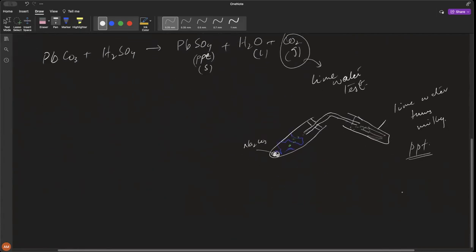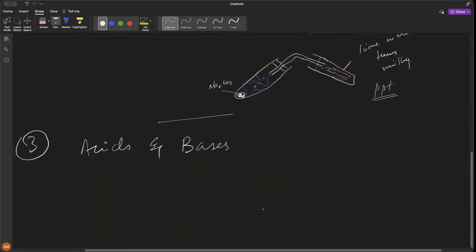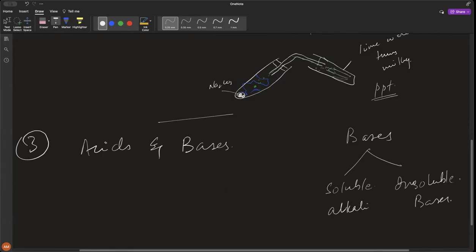Yes. The third one is acids and bases. Even though this is a discussion that should be done later, I'll still discuss a little bit of it here. Bases can be of two types: the ones that are soluble and the ones that are insoluble. The soluble bases are called alkalis, and insoluble bases are generally called bases.